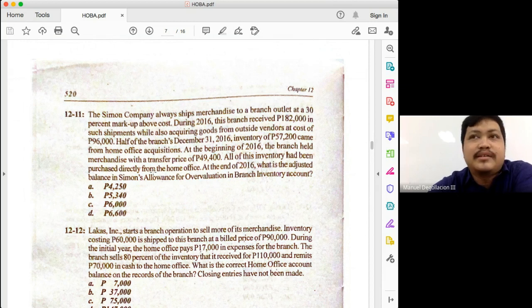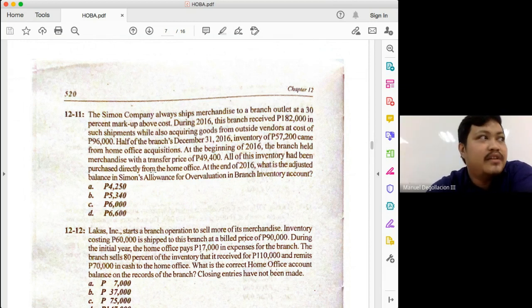Now, why will our answer, class, not simply be to divide 57,200 by 130% and multiply it by 30%? Where did I get the 30%? The 30% is given in the problem, describing the amount of markup on the shipments made by the home office to the branch. So again, if you're asked to determine the adjusted balance of the allowance, that is simply the same as being asked for the amount of markup on the ending inventory.